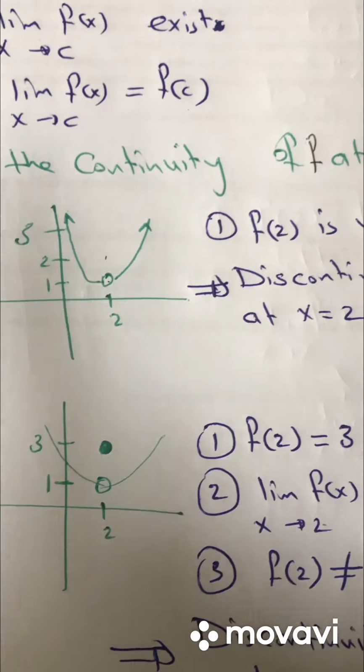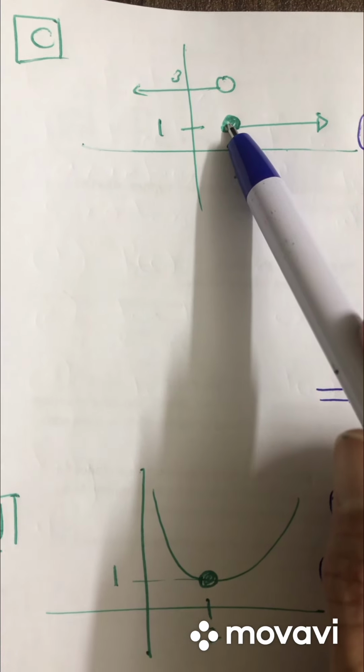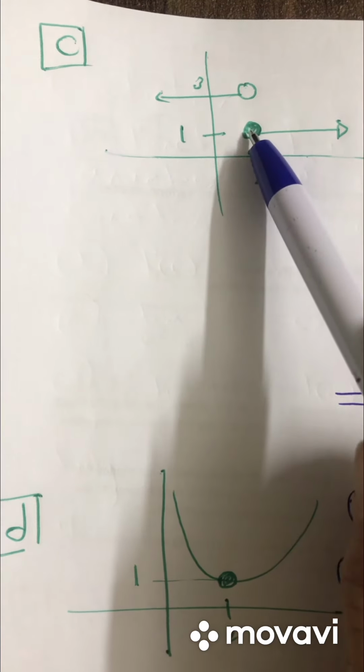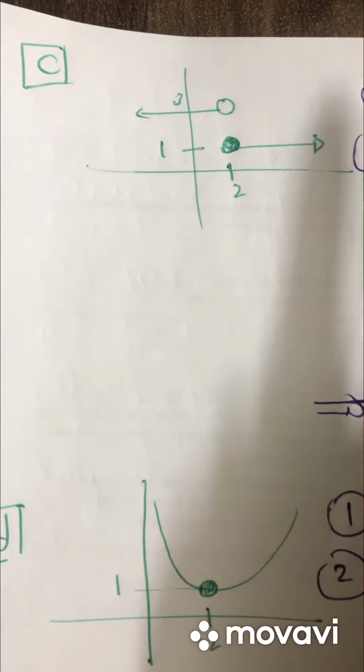You must follow the steps. Do you think this is continuous or not continuous? Let us think about it. If I want to find f of 2, what happens in this case? Where's the solid dot? You will tell me that f of 2, excellent, is 1. Perfect.